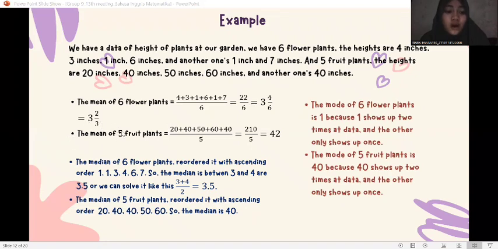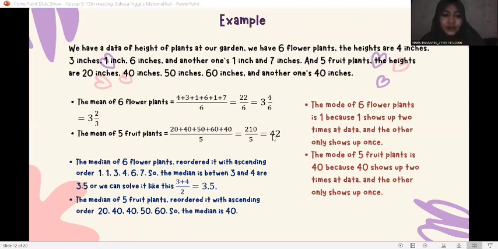For the mean of 5 fruit plants, 20 plus 40 plus 50 plus 60 plus 40, divided by 1, 2, 3, 4, 5, which is 5. 20 plus 40 plus 50 plus 60 plus 40 equals 210, divided by 5 equals 42.